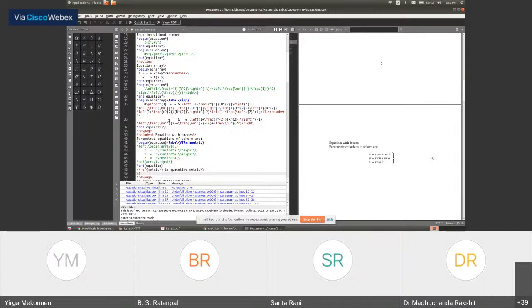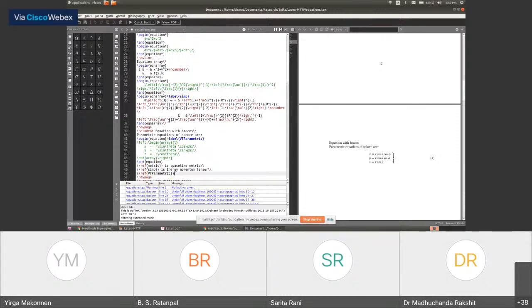Then \ref, then SIMP. I will describe that whatever is written is the energy momentum tensor. Then I will write \ref with the parametric label, which represents the parametric equations of the sphere.